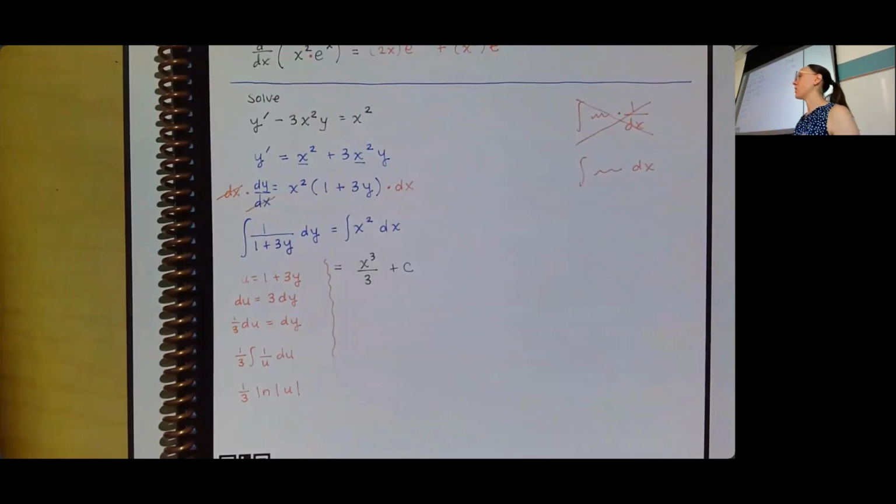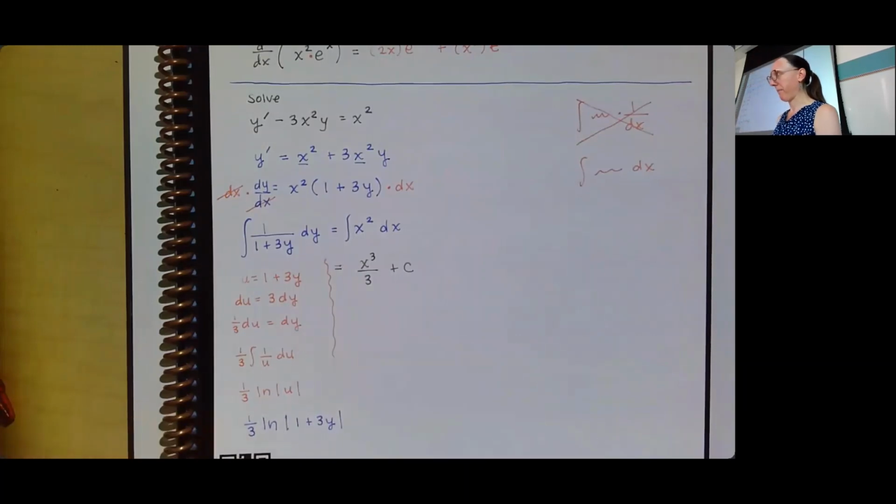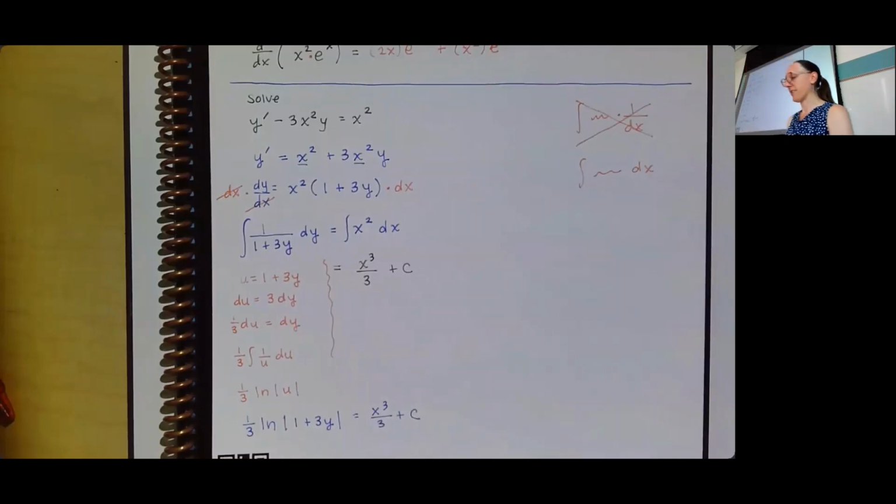Because sometimes our initial conditions are going to mean that what's inside of our log would have actually been negative. So we've got to make sure to keep that absolute value. Now I can swap that back out to say 1/3 natural log absolute value of 1 plus 3y. And that whole thing was equal to x cubed over 3 plus a constant.